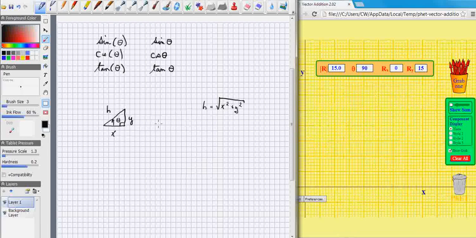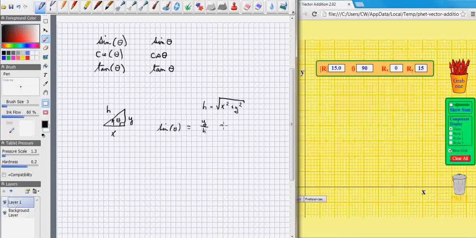The definition of sine theta is the ratio of y to the hypotenuse, which for this particular triangle is 3 over 5.